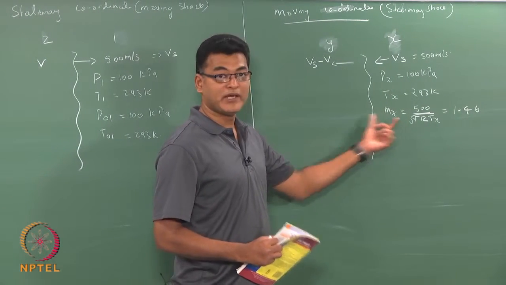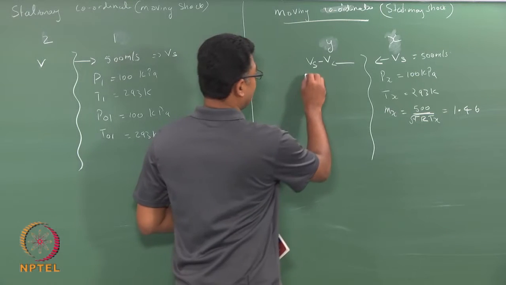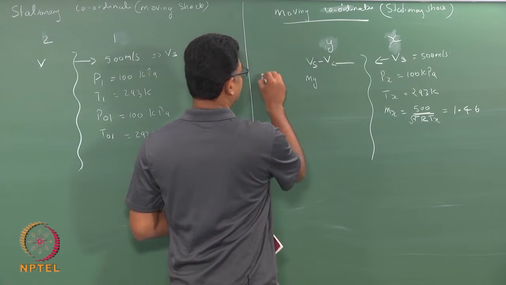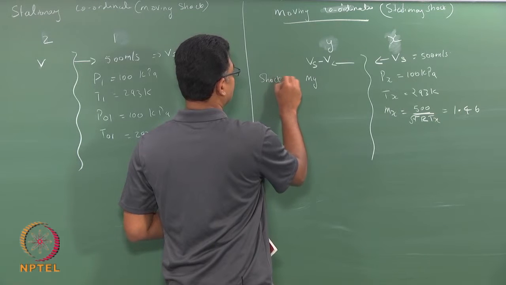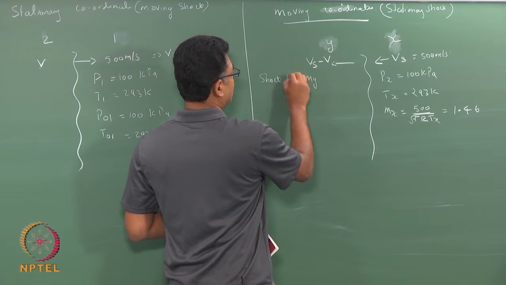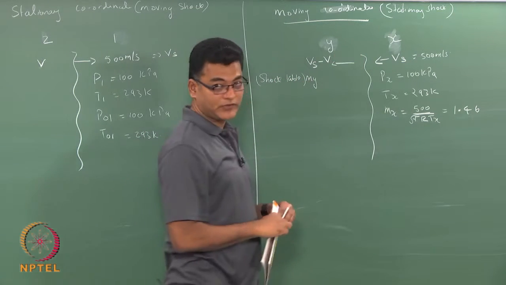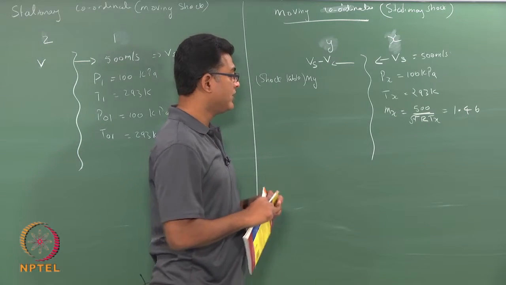So now I know my Mx, from which I can find my My from shock tables, because now the shock wave is stationary, I can use the shock wave tables.